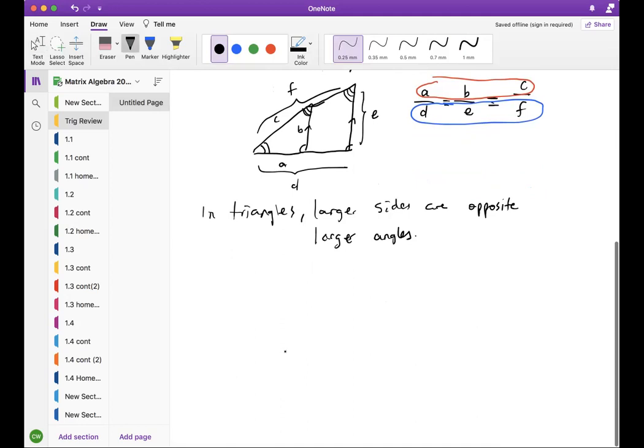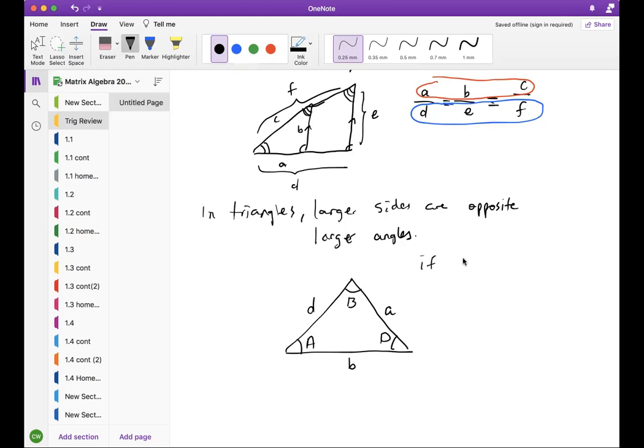If I have a triangle like this, and let's say this is angle A, this is angle B, this is angle C, and then this is side little b, side little a, side little c. Let's use a different letter, since C looks similar, let's say this is little d.